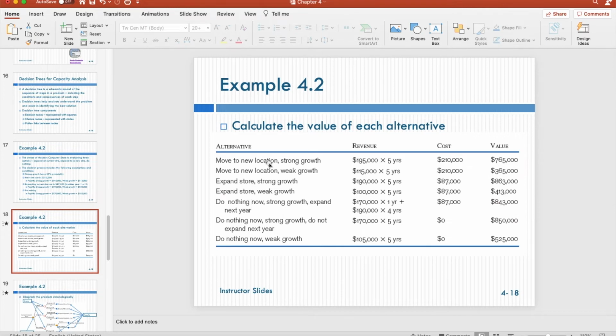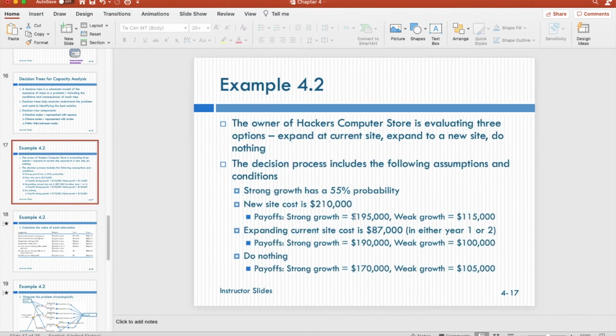If you move to a new location, you may meet the strong growth. Unfortunately, the weak growth may also happen. If we're looking at a 5-year schedule, then if you decide to expand on a new site, every year you will earn 195,000.